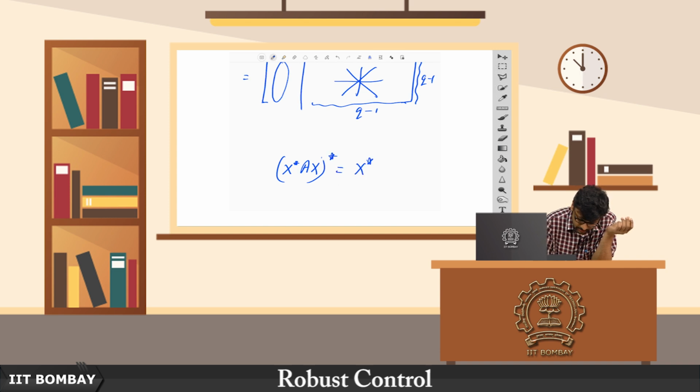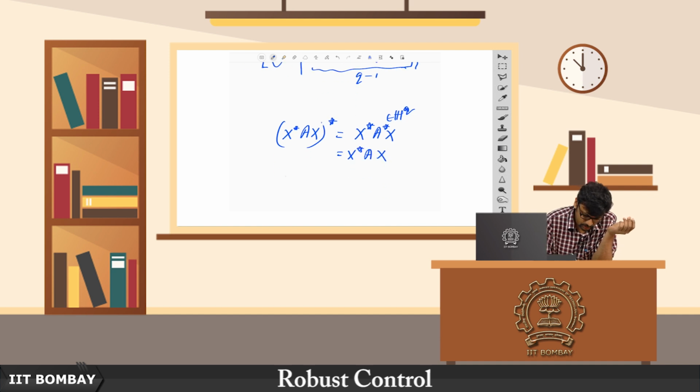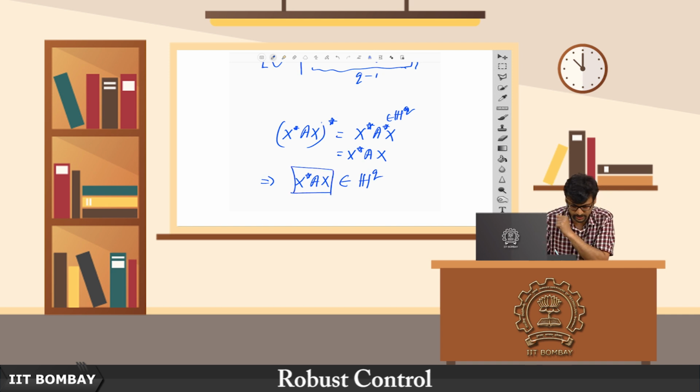I get x transpose A transpose x, but then A belongs to Hq, and therefore, this can be written as x transpose Ax, right. So, therefore, I can conclude that x conjugate transpose Ax also belongs to Hq. In other words, this is also a Hermitian matrix.